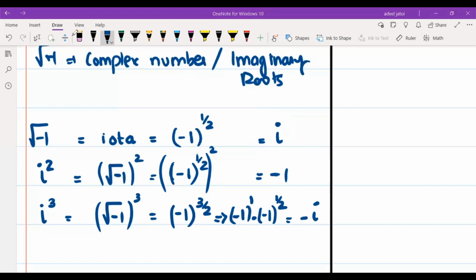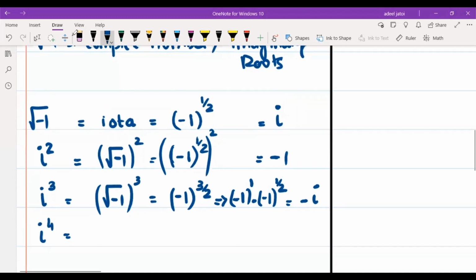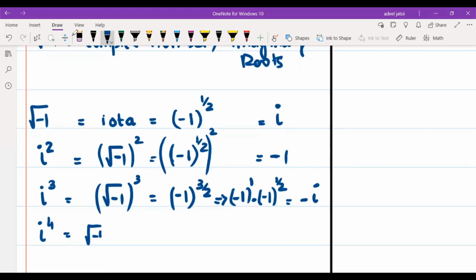Then you have iota to the power 4. Iota to the power 4 means under root -1 to the power 4, which is -1 to the power 4 upon 2. When this is 4 upon 2, that means -1 to the power 2, and the end result will be 1.